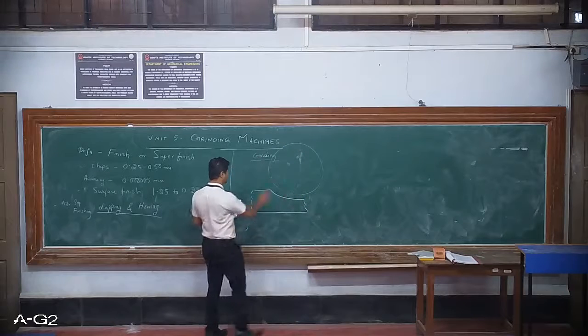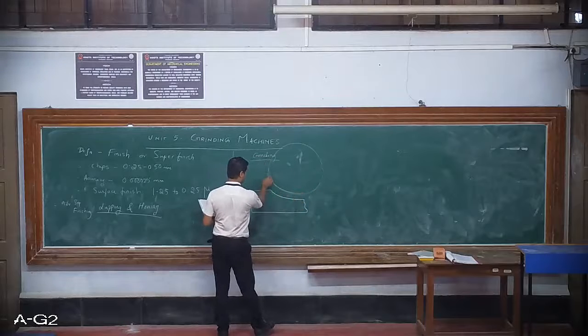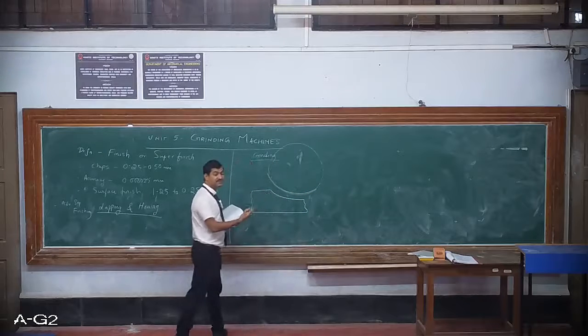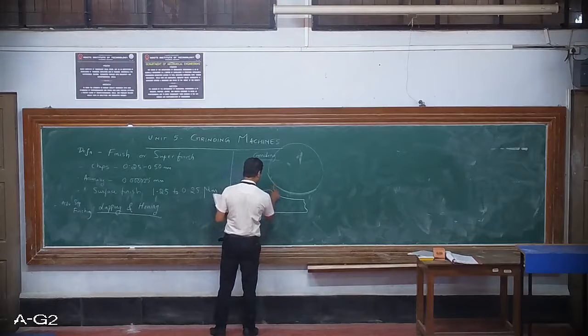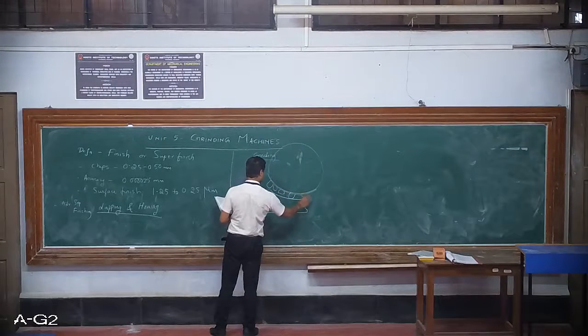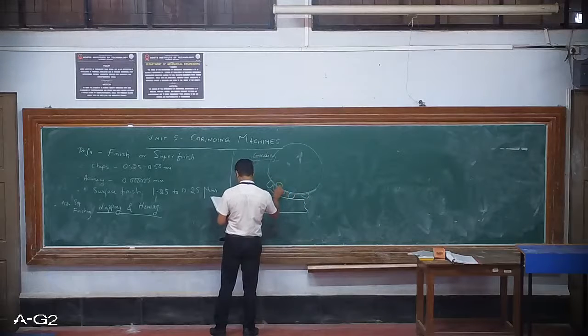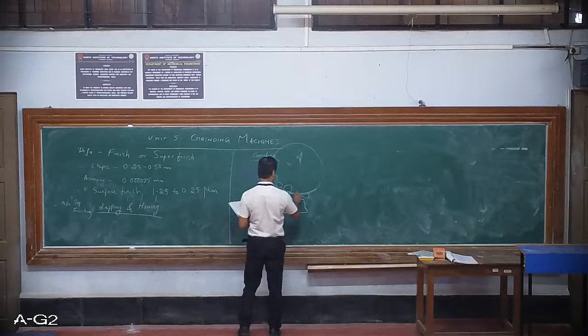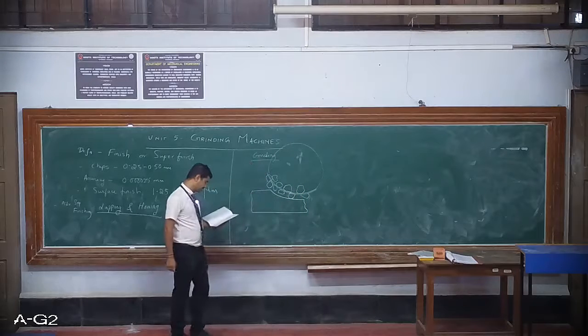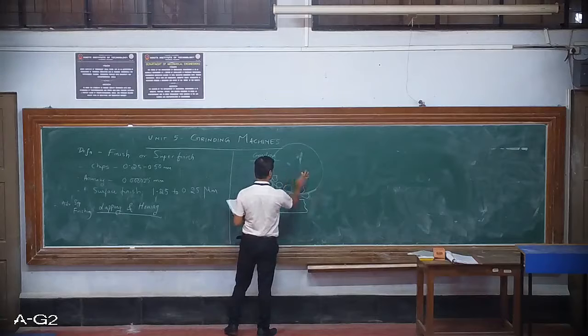Let's draw a section of it, taking the part of the grinding wheel which is actually taking part in the cutting action. Onto this wheel you have the abrasives stuck, or fixed. You can see that the abrasives have been stuck well by a bond. That's why we will be using those terms: bond, abrasive, adhesive, and so on. This is the abrasive that is actually doing the cutting operation.